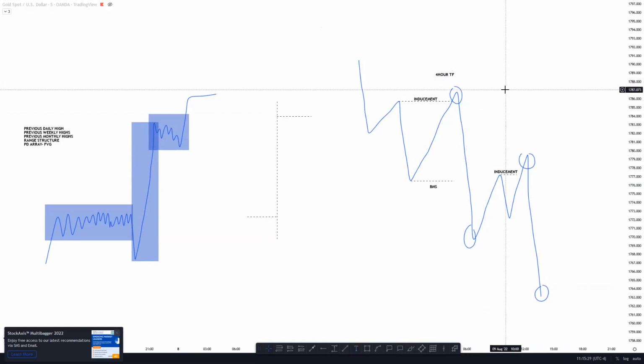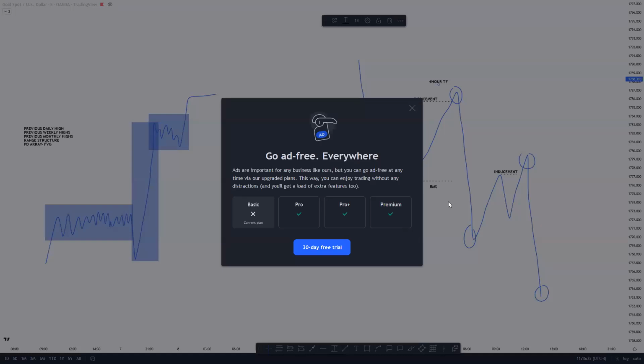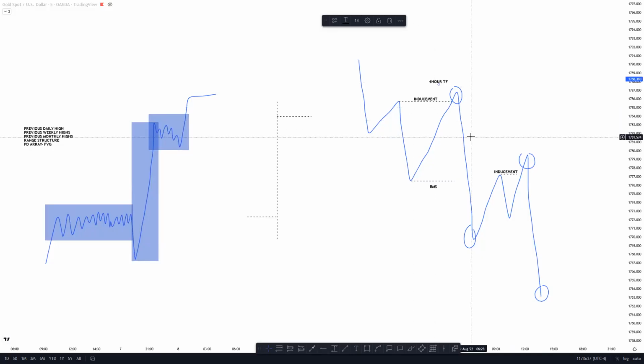Sometimes I get confused because the way I've thought about an inducement is that most inducement is a weak low or a weak high, right? So for example, the top one you marked here as an inducement, it broke structure, right? Yeah, it broke structure.